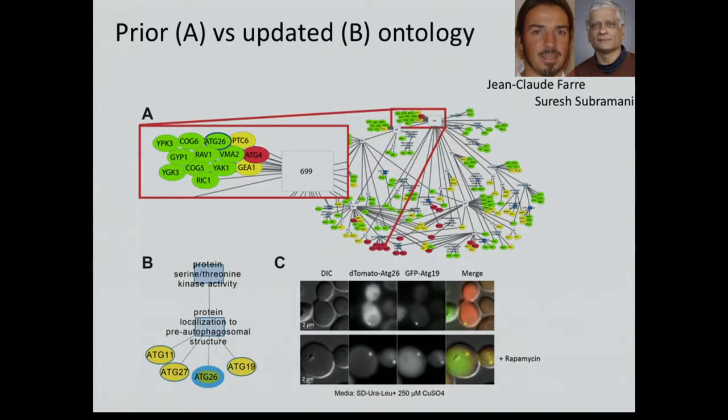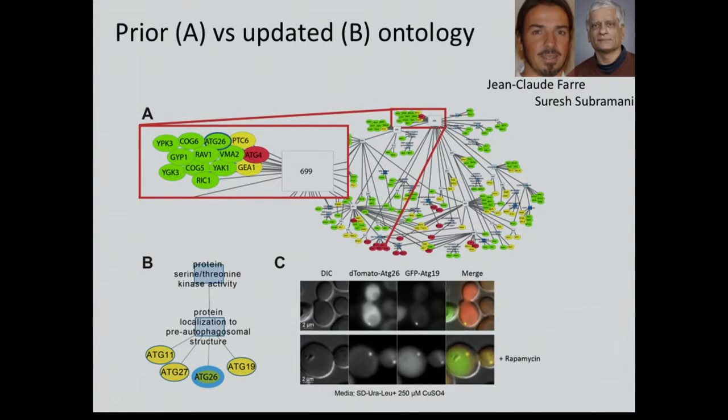And I mentioned that our collaborators find this a particularly useful structure to look around to get new hypotheses for experiments to do. So just to show you one of these, there's a number of things ongoing. In the prior version of the ontology, constructed without the new data set, they have this favorite gene that they study, ATG26.